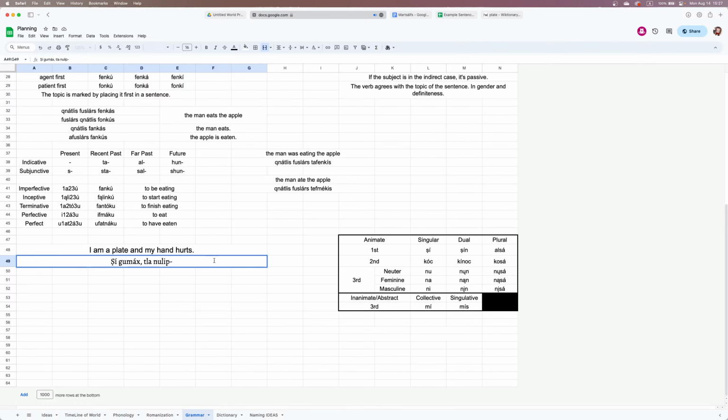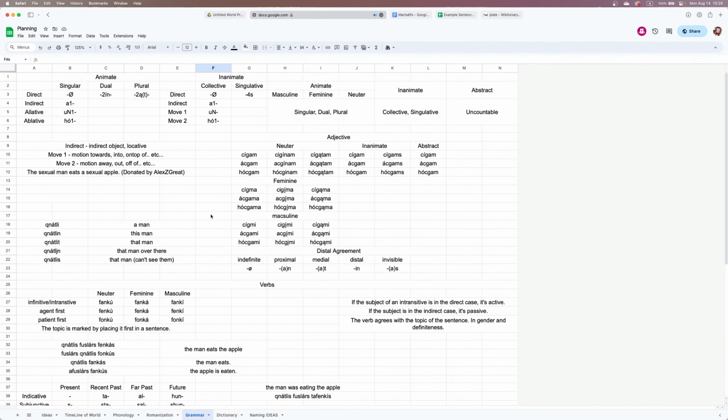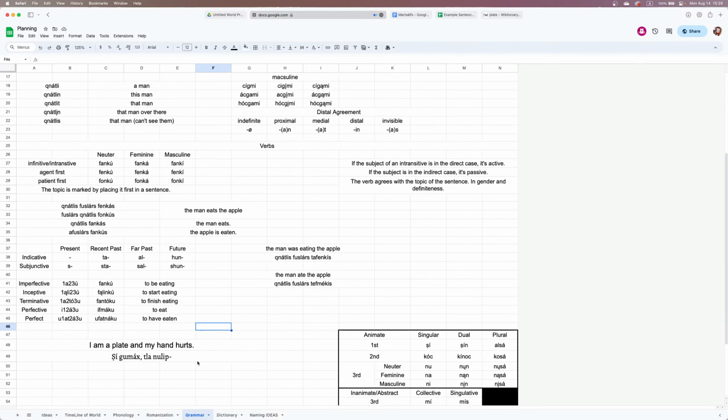It attaches as a clitic to said noun. Which I think I'm going to make... I didn't think about this part.